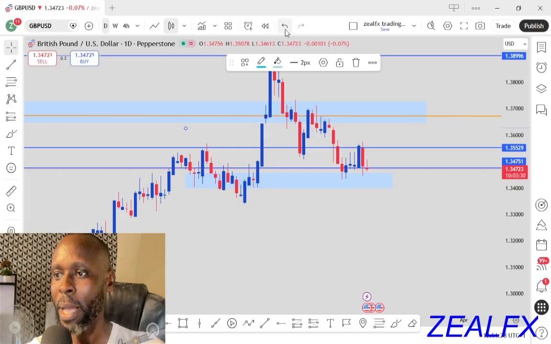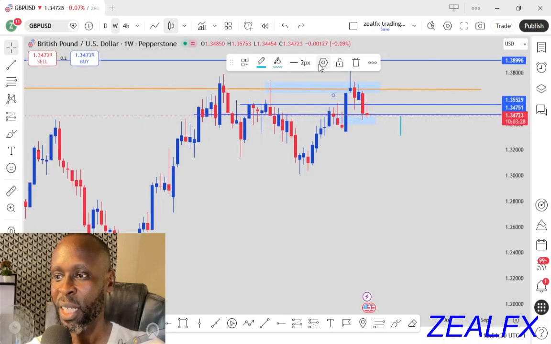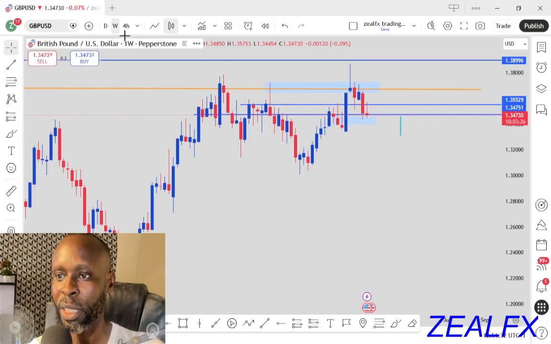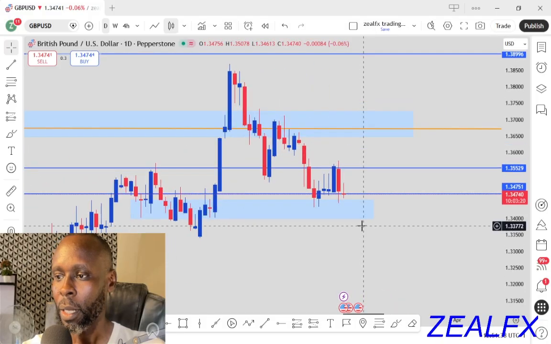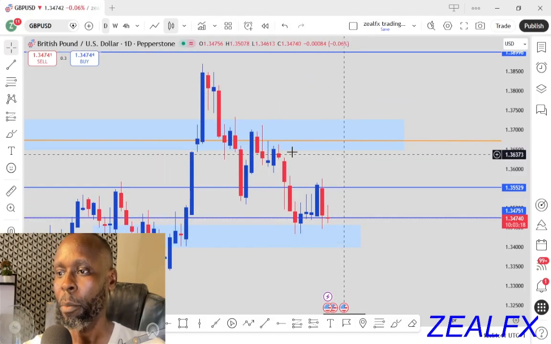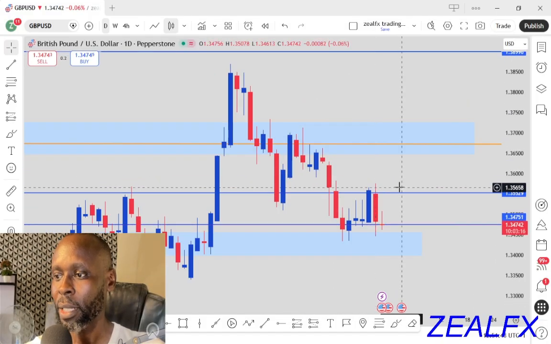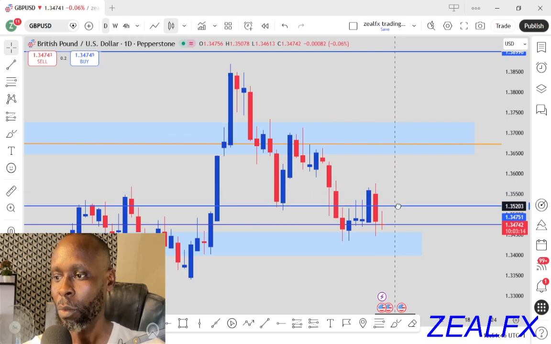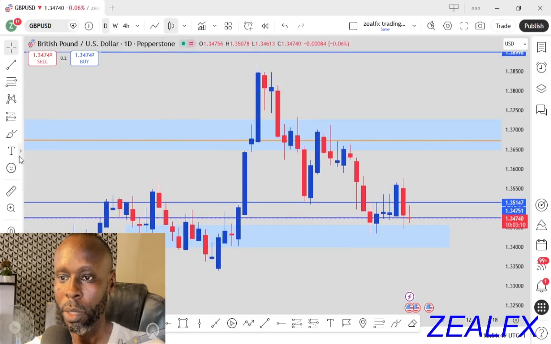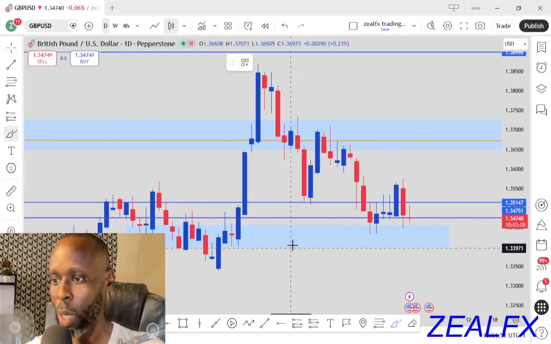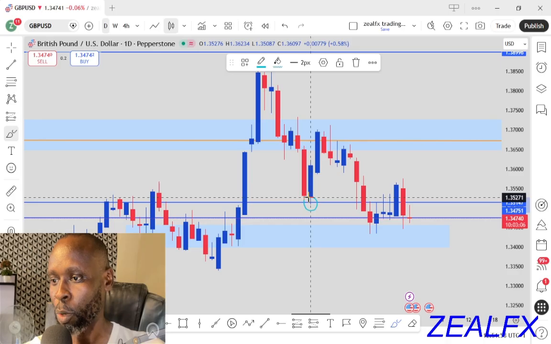So on my daily chart, you can clearly see that this week price broke out of this major level, which is this particular support level.